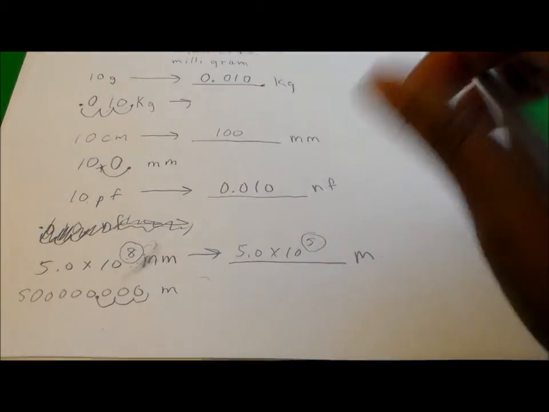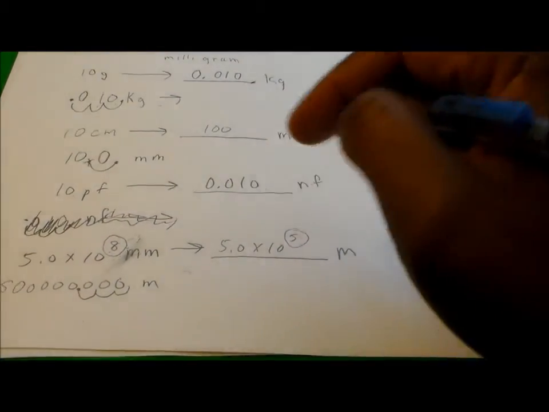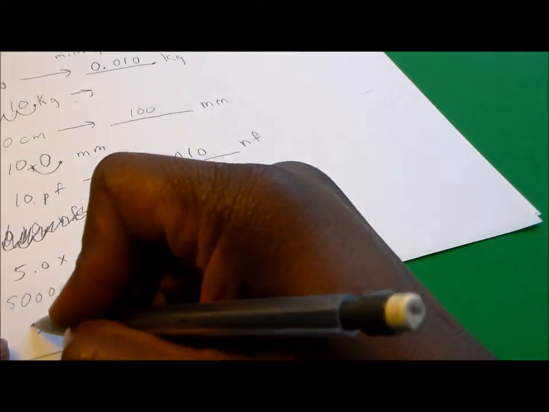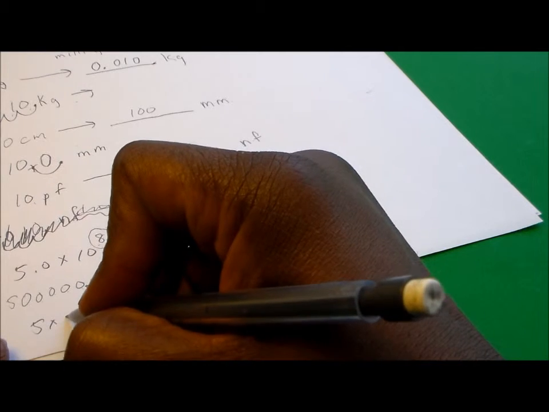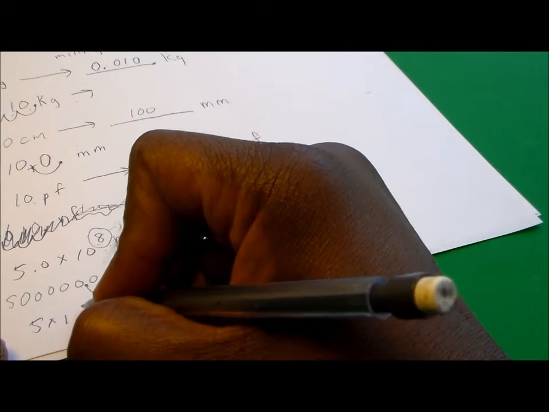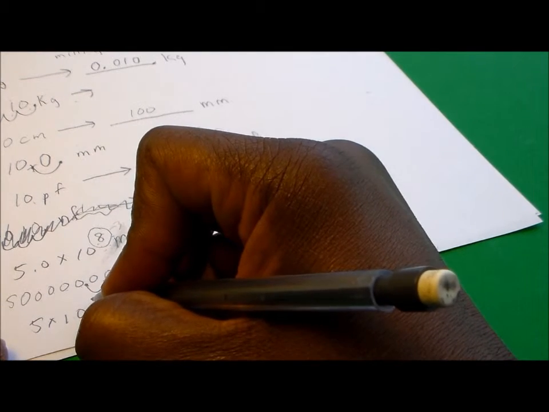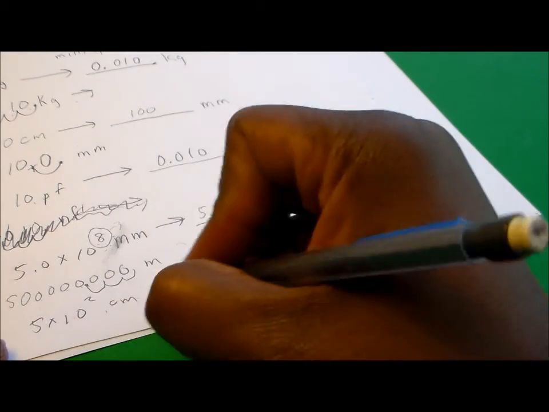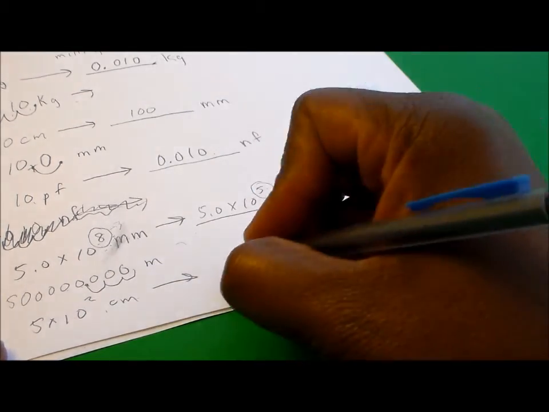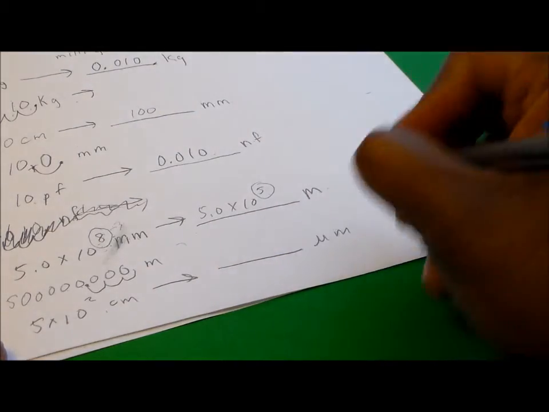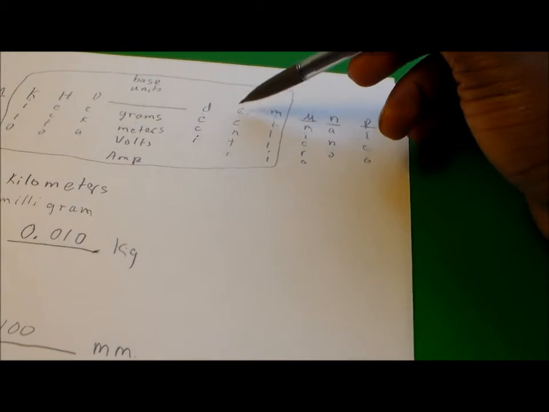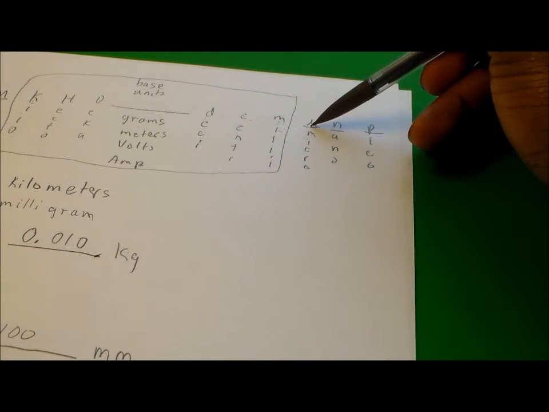So let's say, for instance, and I'm actually going to add an additional thing in here, we want to go from 5 times 10 to the second centimeters over to, let's say, micrometers. So that's from centimeters to micrometers.